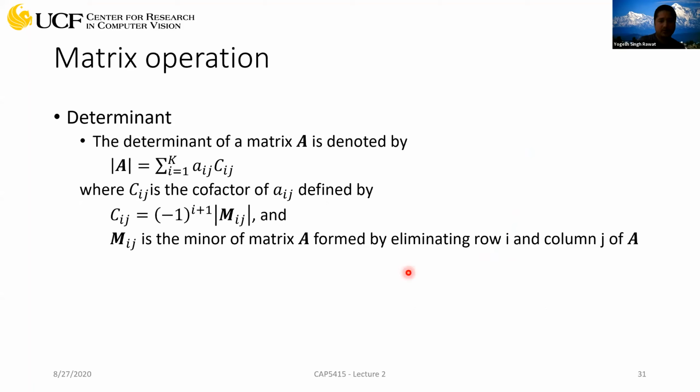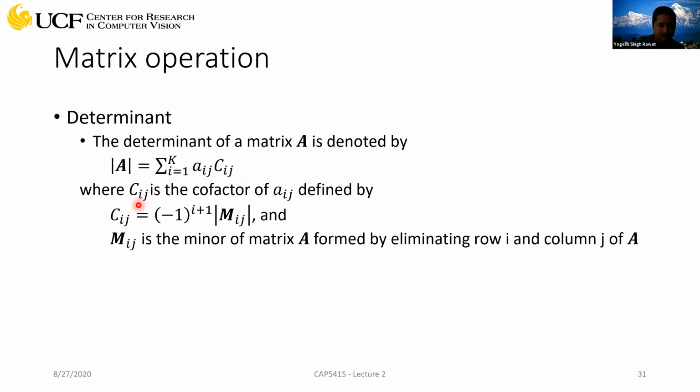Okay, so how do we compute the determinant if it has a higher dimension, more than 2? What we have here is a cofactor. When the matrix is 2 cross 2, the cofactor is just one number, but when it's more than 2 cross 2, the cofactor is again a smaller matrix.